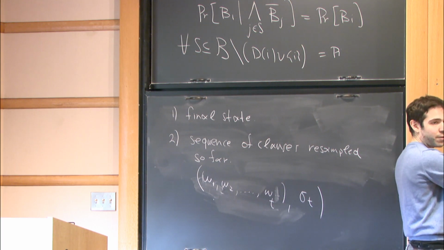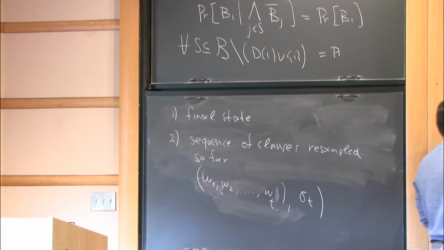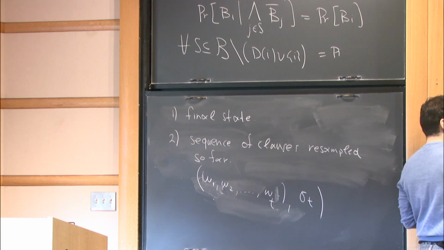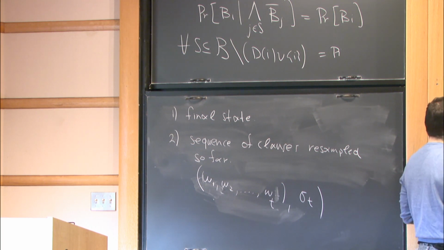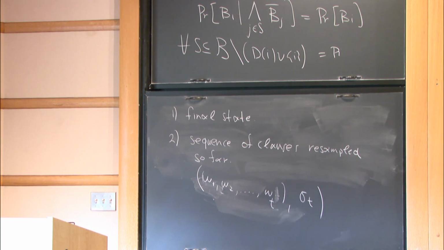Using the trajectory, I can recover the random bits. But let's see how I can get the trajectory back. So this I had, and I want to guess what this is. Here's what I know. Let's say that this is sigma tau.